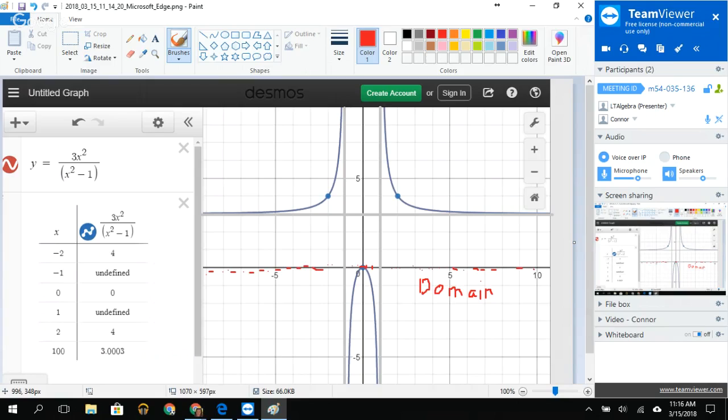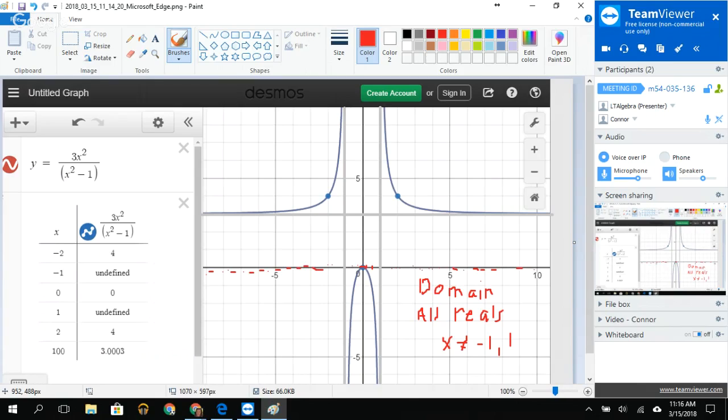So my domain, just visually by looking at it, is going to be all reals except x cannot equal -1 or +1.